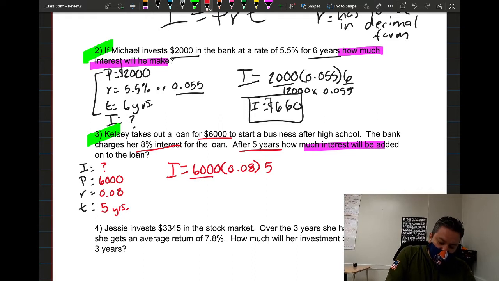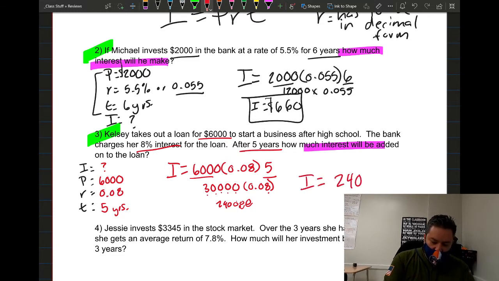When I multiply these two, I get 30,000, times 0.08. 3 times 8 is 24. Add 4 zeros, 1, 2, 3, 4, and then take away 2 decimal places. So my total is going to be $2,400. That's the interest. That's how much she has to pay in 5 years.